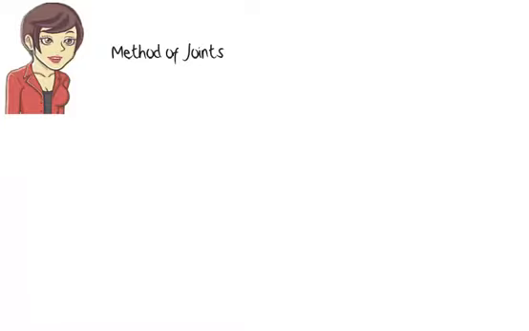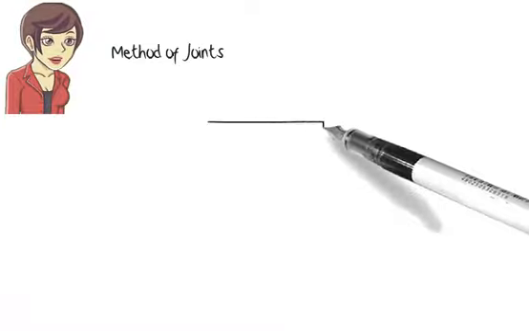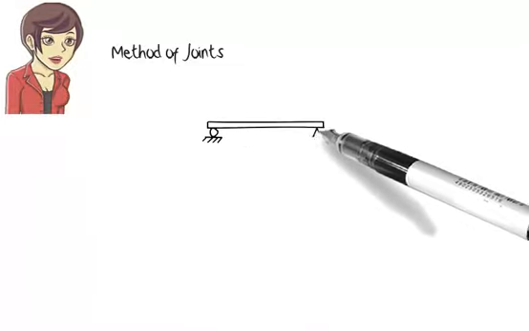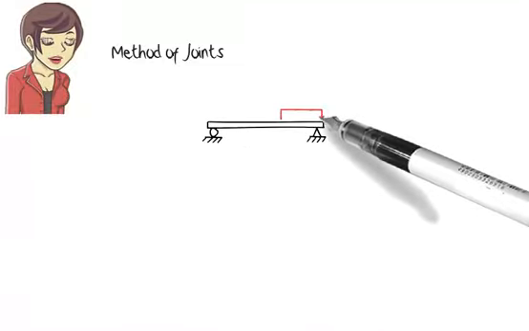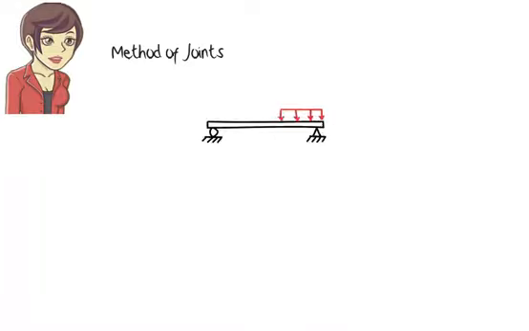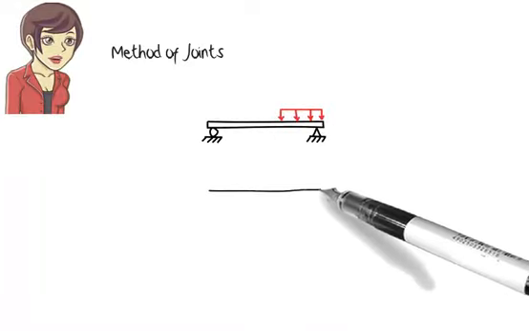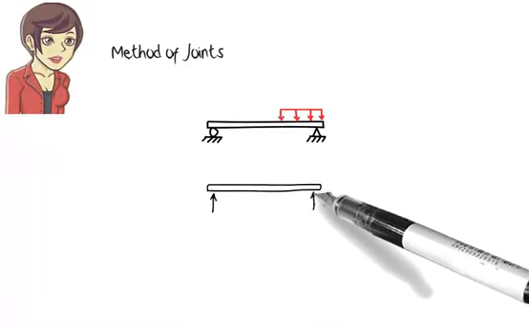This technique is a direct application of the principle of static equilibrium. According to the principle, if a structure is in equilibrium, then not only must the equilibrium equations be satisfied for the structure as a whole, but they also must be satisfied for any of its parts.